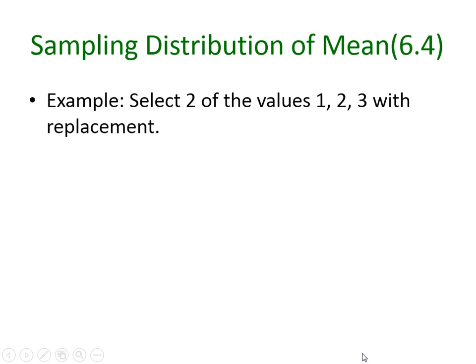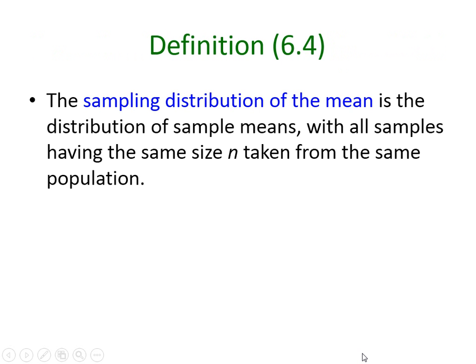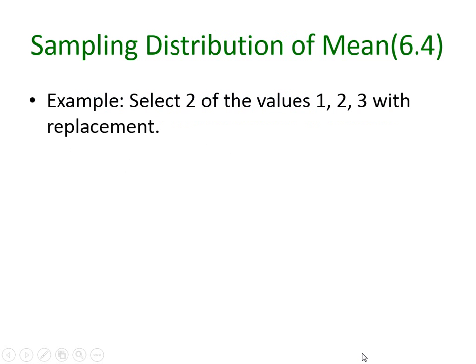If we look at an example of this, I want to select 2 of the values between the numbers 1, 2, and 3, with replacement being an option. So if we're looking for the sampling distribution of the mean, the distribution of sample means with all samples having the same size n taken from the same population, then if I'm trying to select 2 of the values 1, 2, and 3 with replacement, what are some options on what I could have?